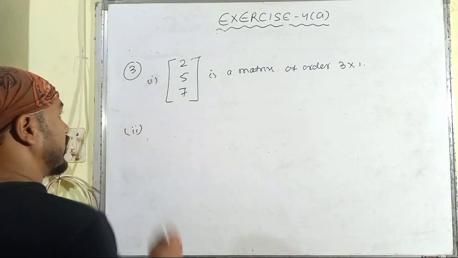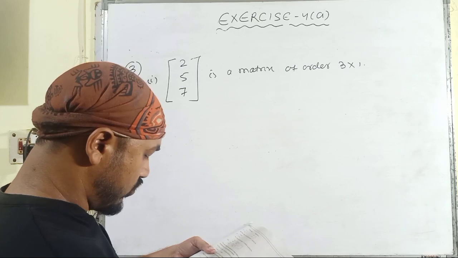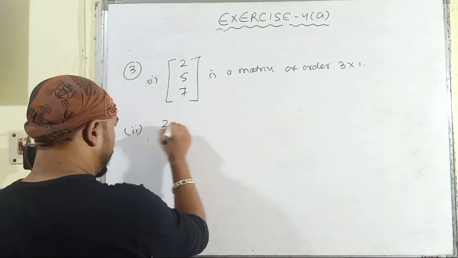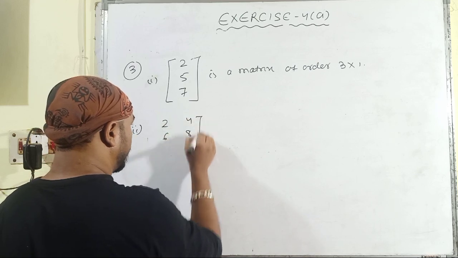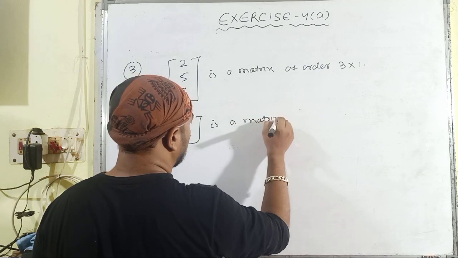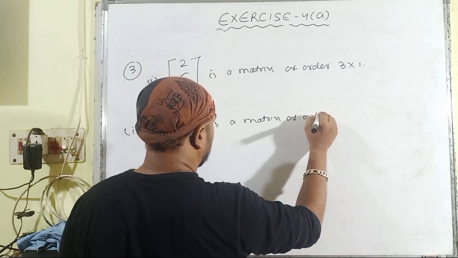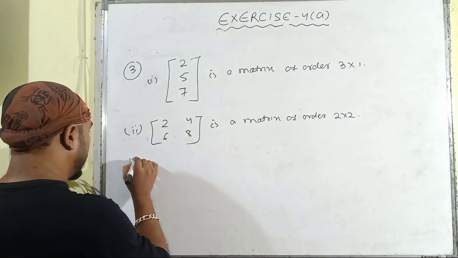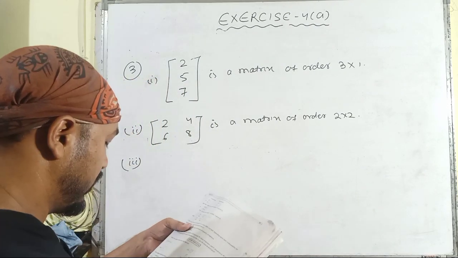Then the second part, we have to take a matrix of order 2 cross 2. 2, 4, 6, 8 is a matrix of order 2 cross 2. Then the third one is here, 4 cross 2.